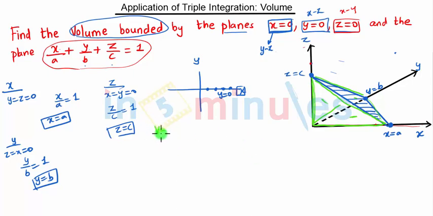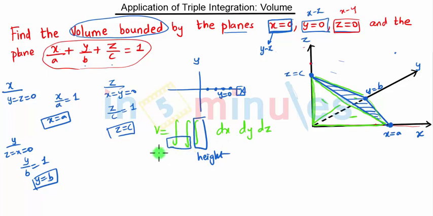So volume is given by triple integration dx, dy and dz. We know that the first limit is for height and the other two limits are for the area of base. So the first limit is for height. Let's consider one column parallel to the z-axis. The lower end of this column is on the xy plane, and the equation of the xy plane is z equal to 0.